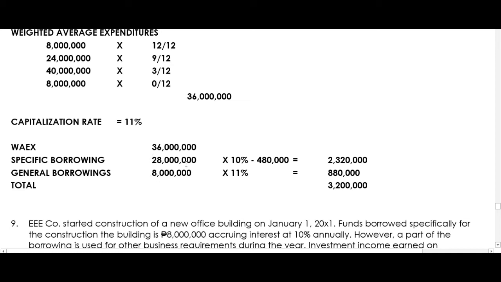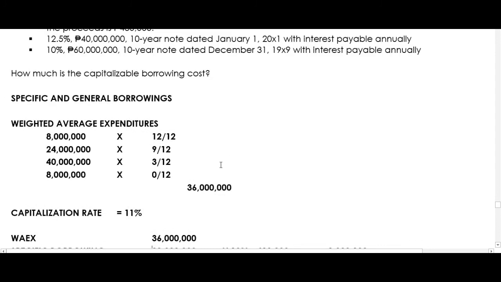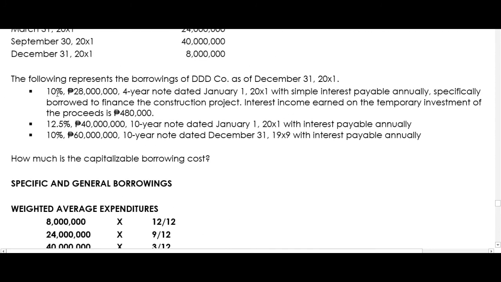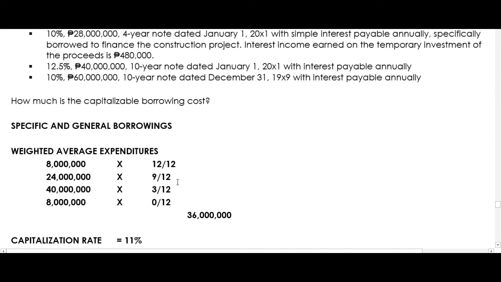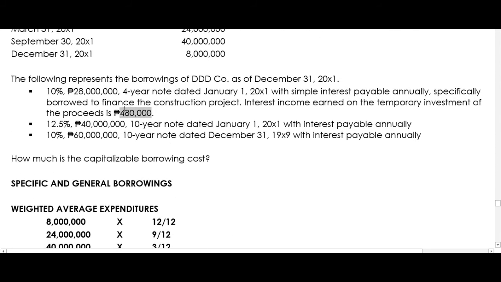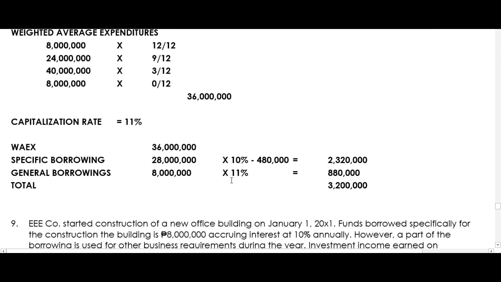So, computein na natin. Ang i-multiply natin for the 28 million is yung interest rate na given dito, 10%. So, 28 million times 10%. Pero wag mong kalimutang ibawas daw itong 480, kasi meron siyang kinita na temporary investment from the specific borrowing na 480. So, ang lalabas ay 2,320,000.